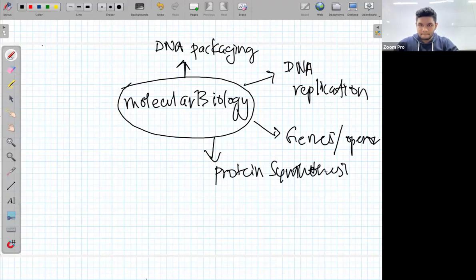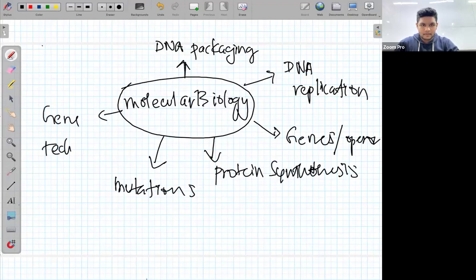And the fifth topic would be mutations. And the last topic is gene technology. So this is what your unit 7 contains, almost 6 topics. These are the complete content under unit 7.